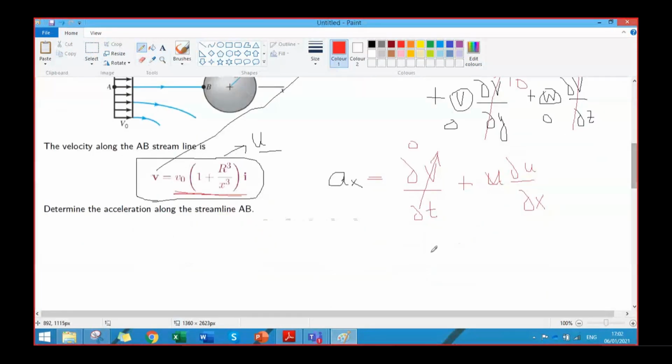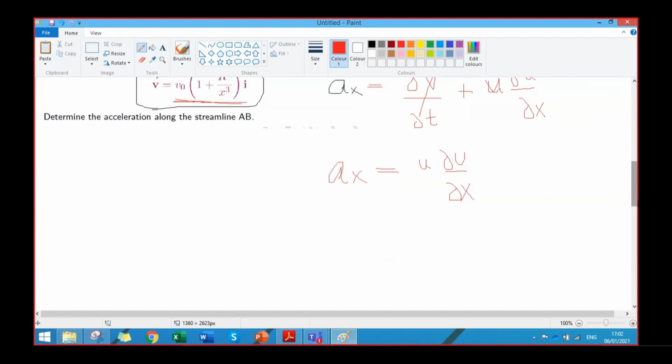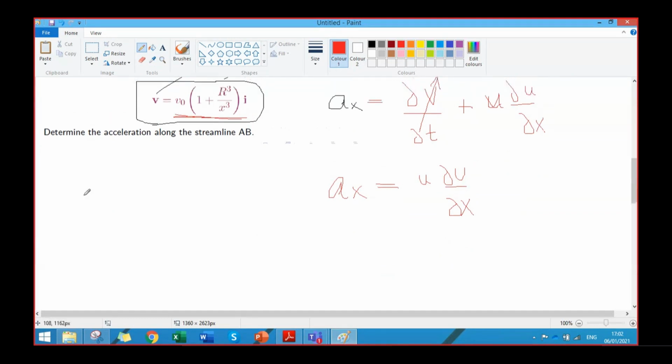So u is given to us and we need to calculate partial u by partial x. Can we calculate it? That would be v naught, derivative of 1 with respect to x would be 0, plus r cube, derivative of 1 over x cube would be minus 3 divided by x4.